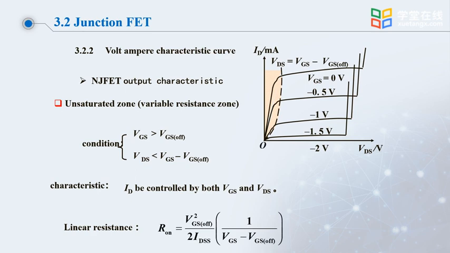In this small range, ID increases with the increase of VDS. It represents a linear resistor. Only when the channel becomes narrower, ID will increase more slowly. It is non-linear. The whole channel is neither cut off due to VGS, nor pre-clipped because of VDS. So this is what we call the unsaturated zone.